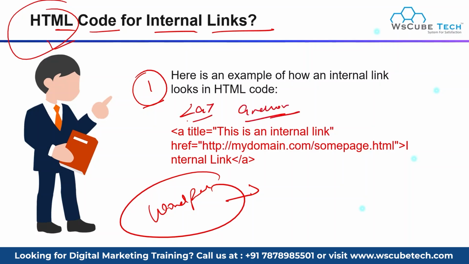This is one of the elements of your HTML code. A tag we are using here, that is your A. Title, this is an internal link. This is the text of this particular link. Then href equals, and this is the link, whatever link you want to connect with your link text.